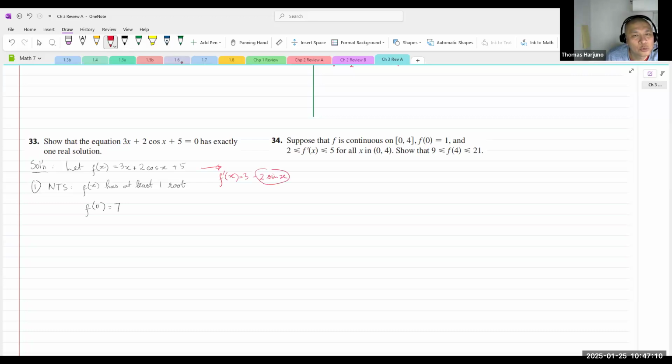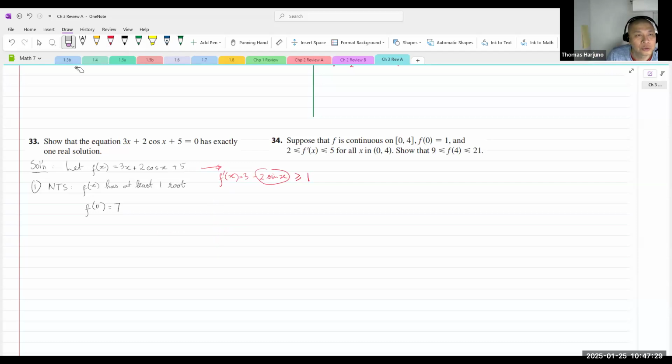But this is at most 2, so the slope is at least 1 throughout the interval. It is increasing, but at 0 it's already 7, so if I need to find the root, it must be to the left of that, right?